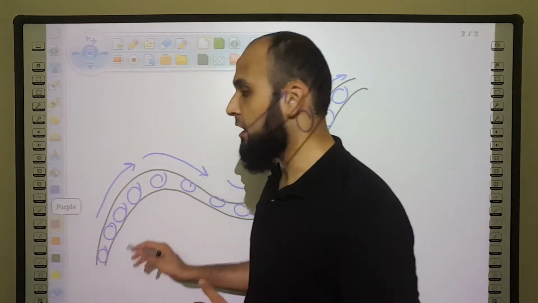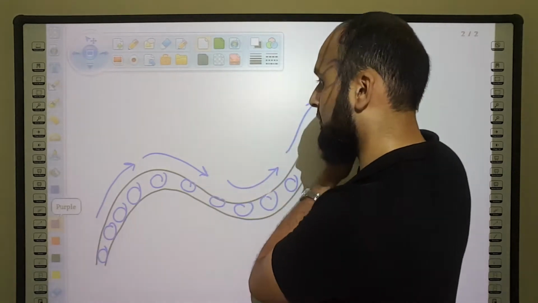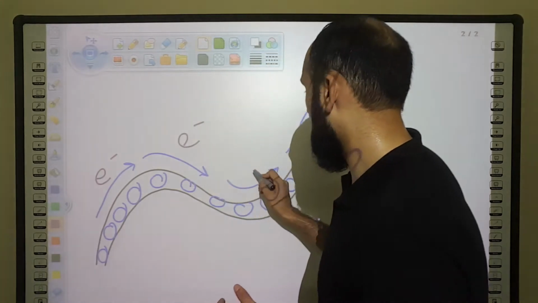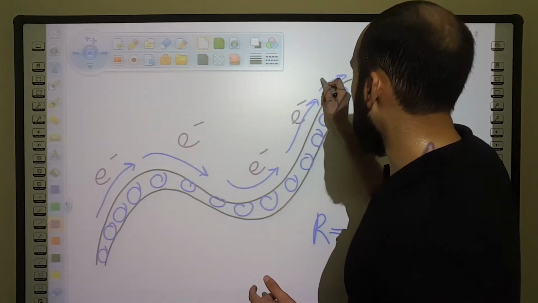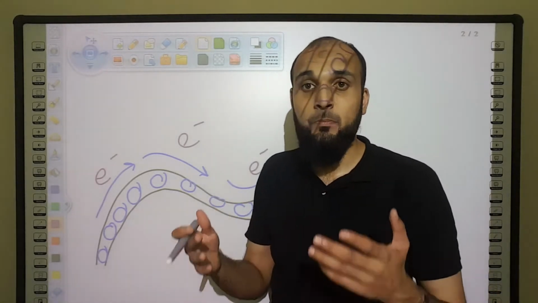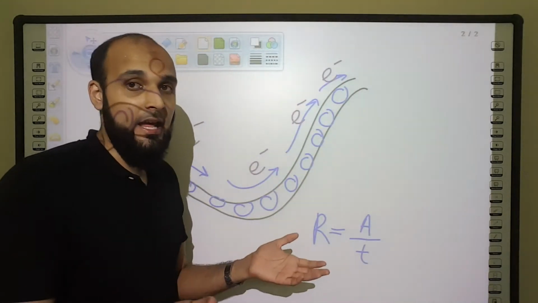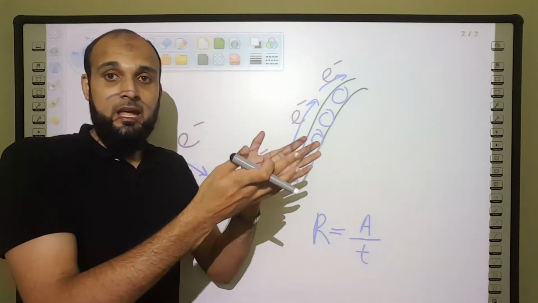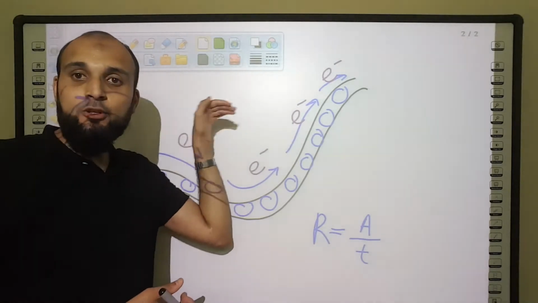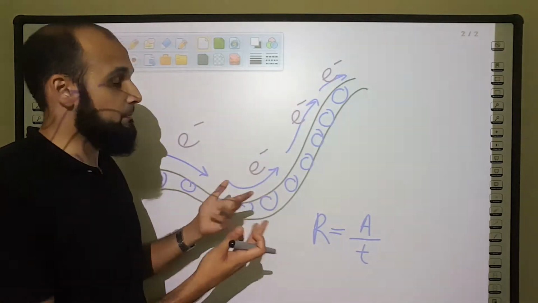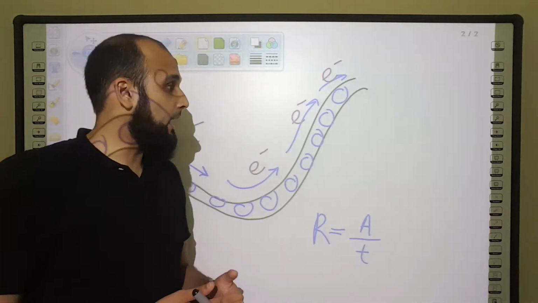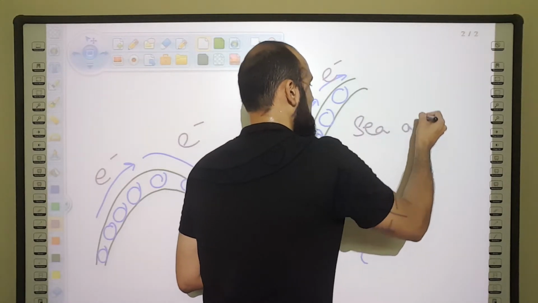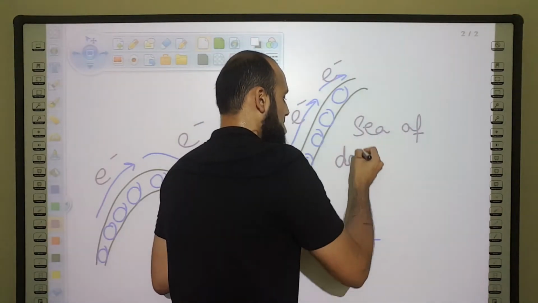So in an electric current, rather than water particles flowing through a pipe, we've got electrons that are flowing through a conductor. More correctly, they can be any electrically charged particle that is flowing in a given direction, right? So typically these are electrons in the metallic conductors. The electrons are basically those that belong to the outermost shell that join the sea of delocalized electrons.